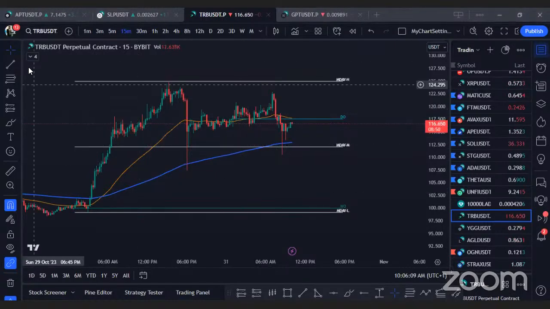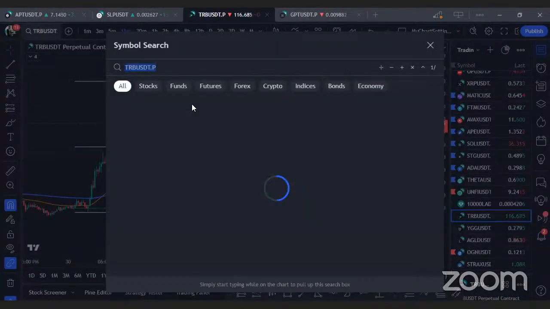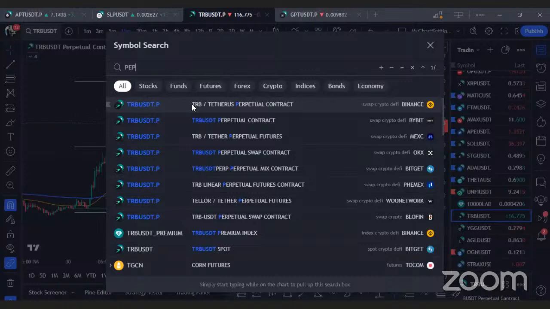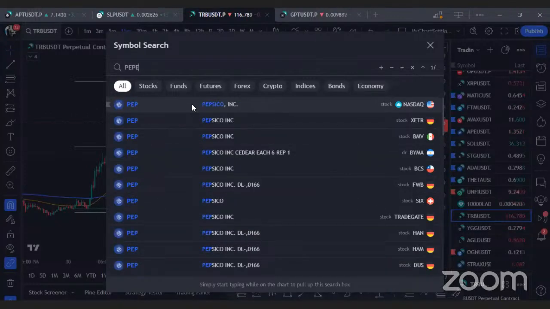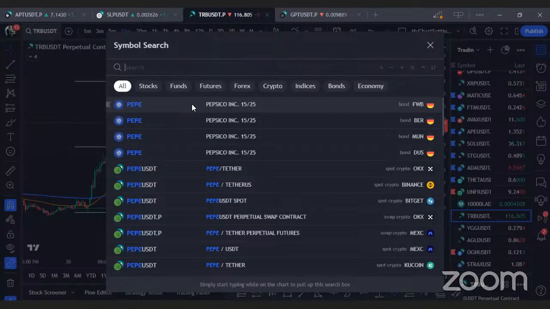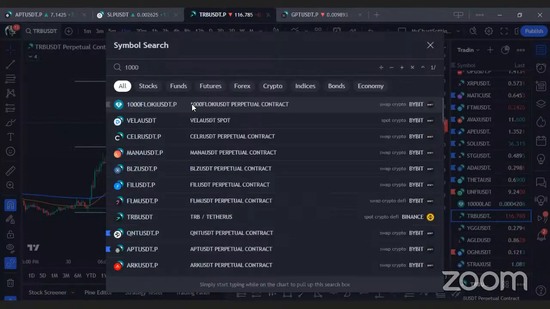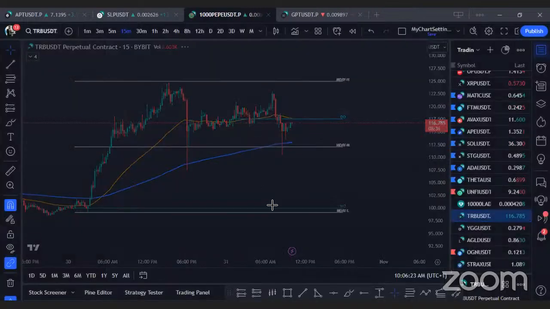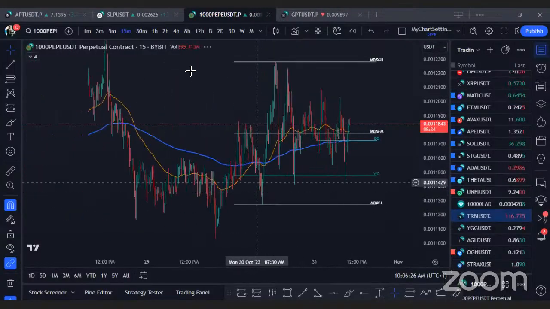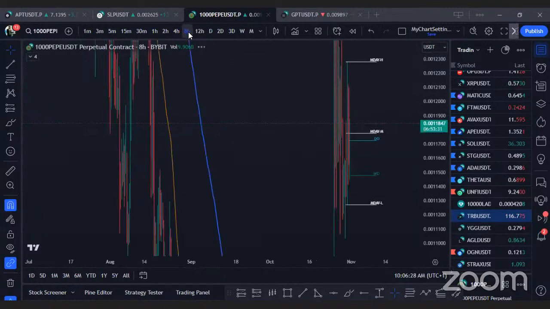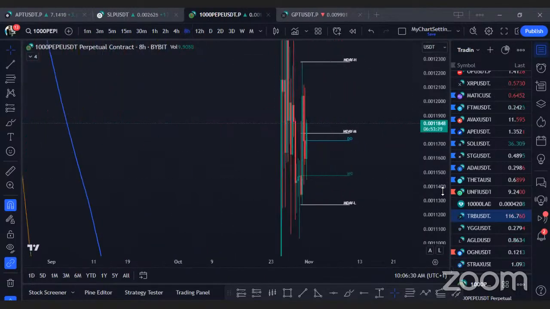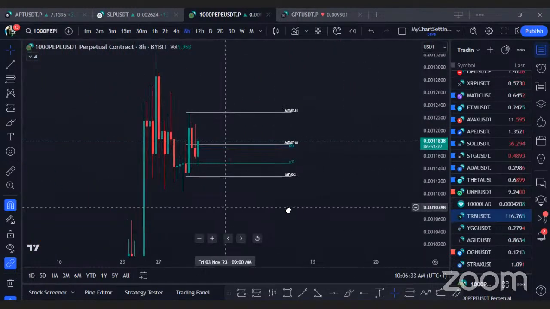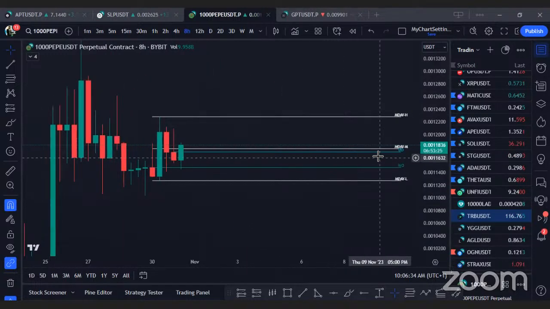Okay, who is ready to take some risks? Can we do Pepe? Is it 1,000 or 10,000? 1,000 Pepe. Who wants to take some risks with Pepe? Can we do long trades on Pepe right now?